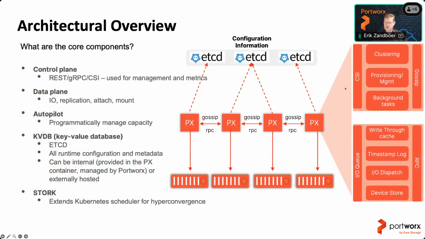As you can see, we're still using CSI because in the end, that is the way that it communicates. And we use our own etcd, which is similar to Kubernetes, right? Kubernetes has 3 control plane nodes running etcd. We have what we call the key value database, which is also etcd. So in that respect, it's completely similar to the way Kubernetes works. And we do that everywhere, right? We follow the way of Kubernetes.